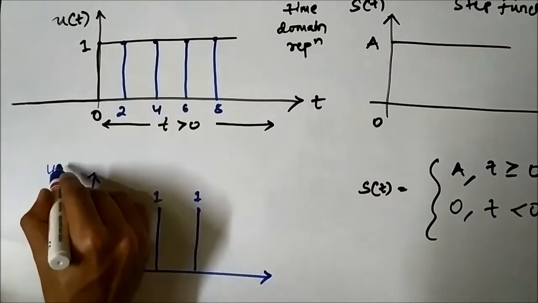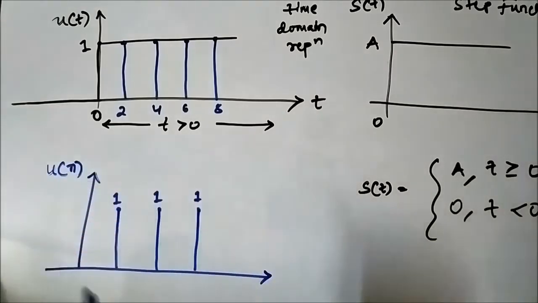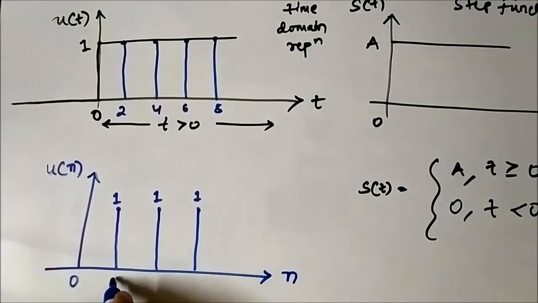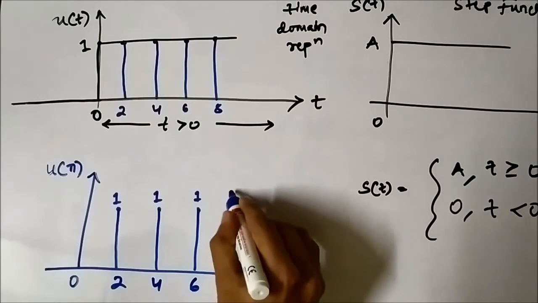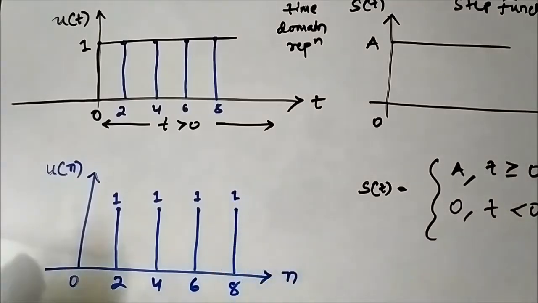This is the discrete time domain signal u(n), and this is the discrete time n. This is at 2, this is at 4, this is at 6, and another at 8, and so on.